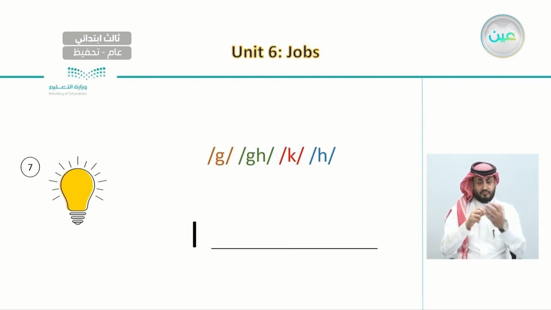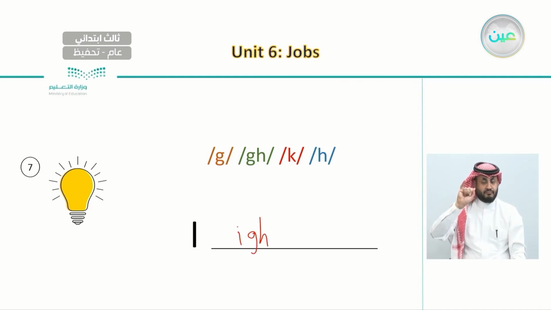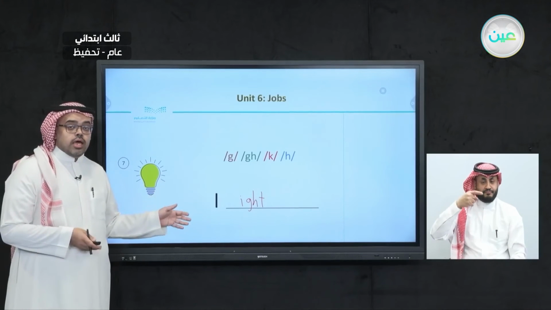So, have a look at this picture, and by looking to this letter, letter L, let's think of what this word might be. It is, of course, the word that we learned last lesson, which is light. Light. Repeat after me. Light.